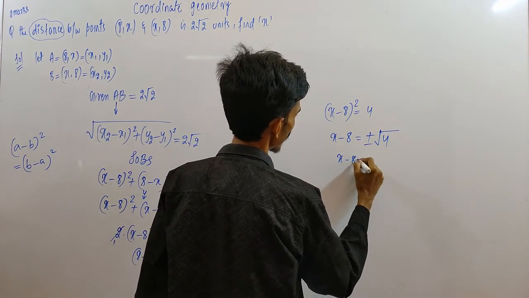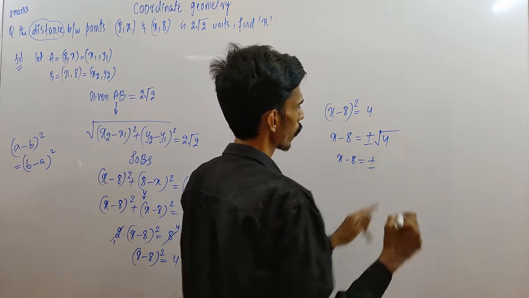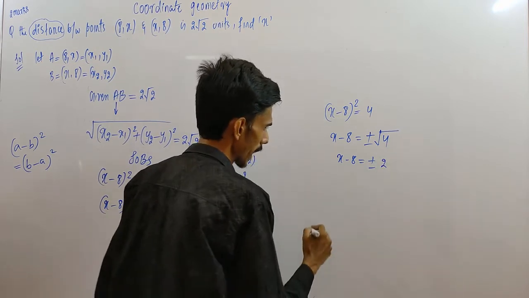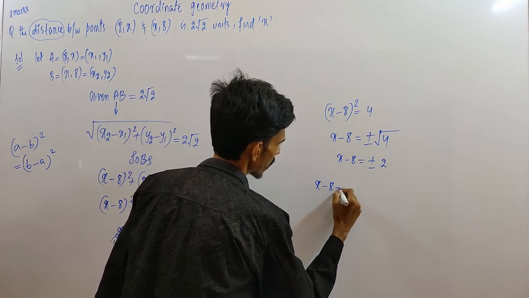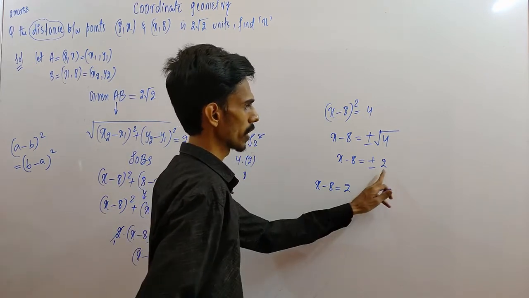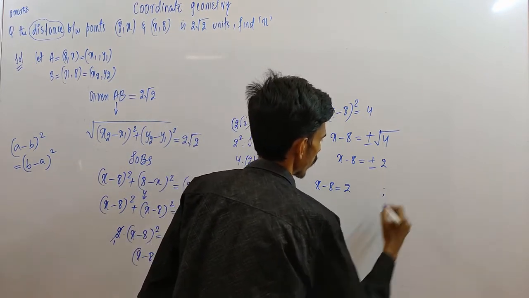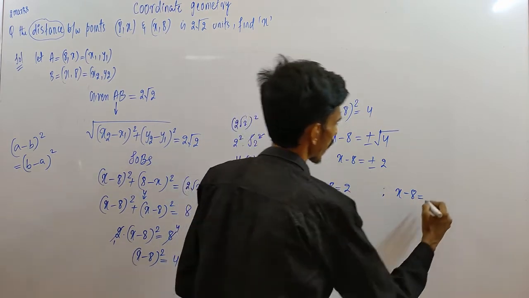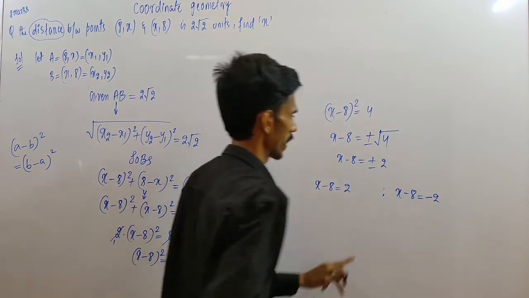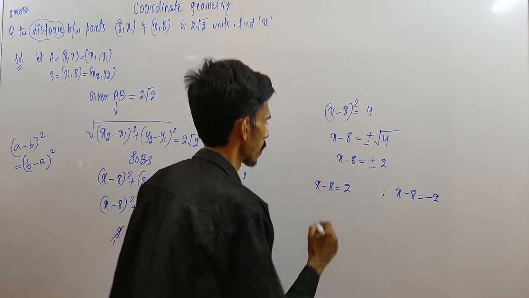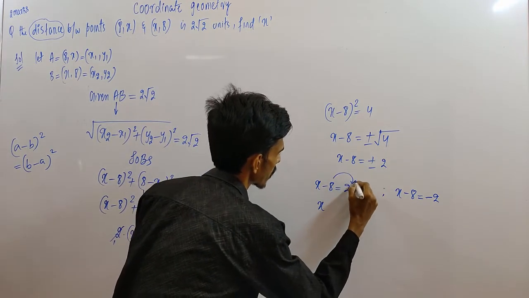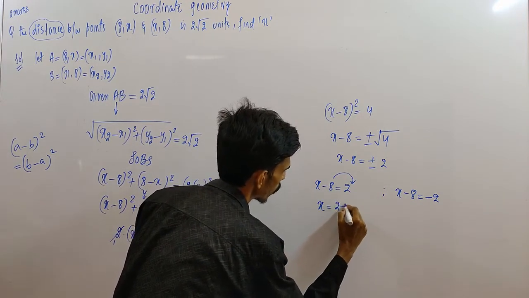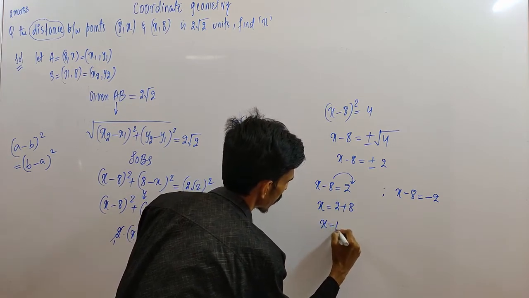We have x minus 8 is equal to plus or minus root 4, which is 2. So take x minus 8 is equal to 2, the positive sign, one time. Next time take x minus 8 is equal to the negative sign. Now send this 8 to the other side, it becomes 2 plus 8, so x is equal to 10.